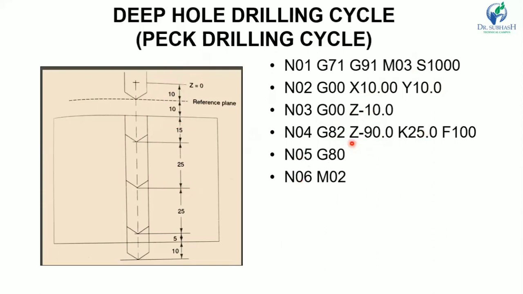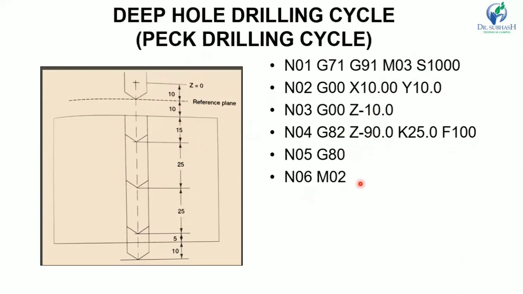So for each pass the tool will travel 25 mm. You can see 10 plus 15 is 25, then 25, then 25, and feed rate is 100. So it will complete in 3 passes. Again G80 cancel and end of program.